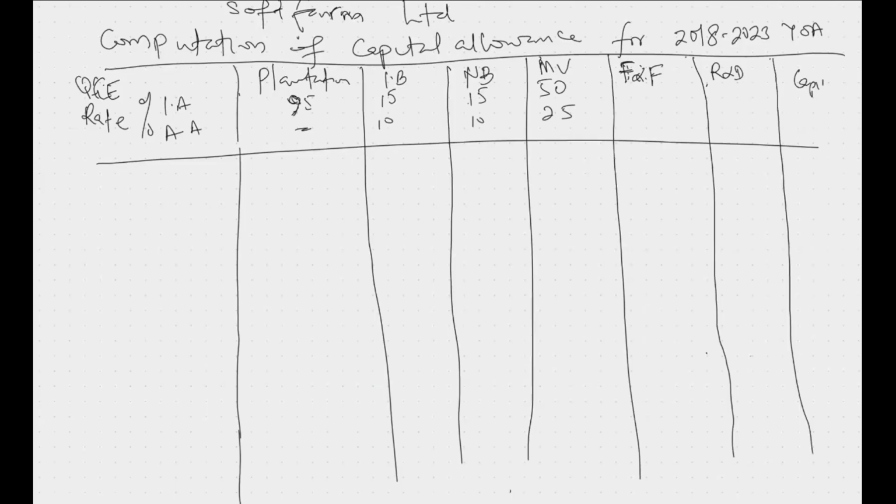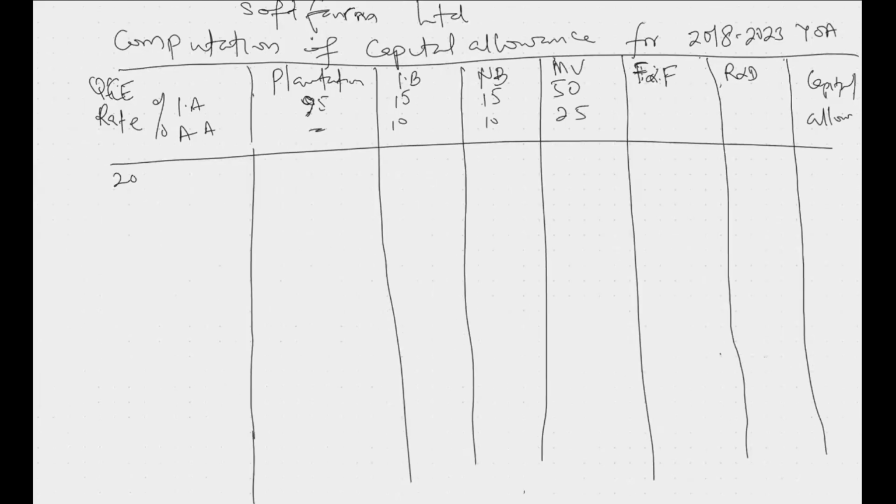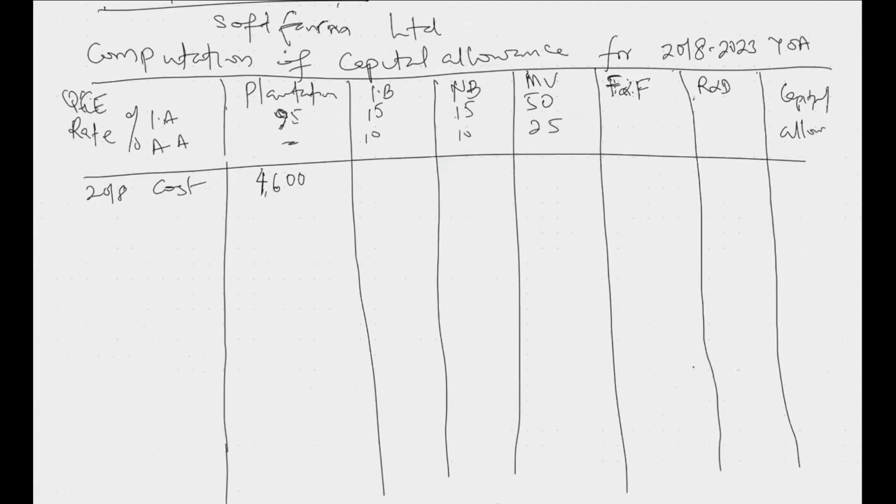The first one, in 2018, costs, we bought plantation, 46. That the number was 2018. Building, 12,000. Next, 9,000.